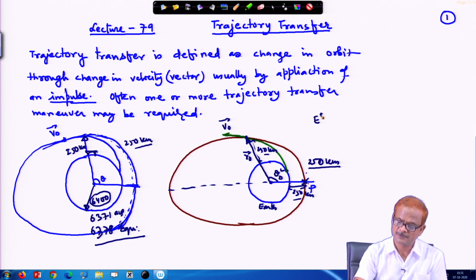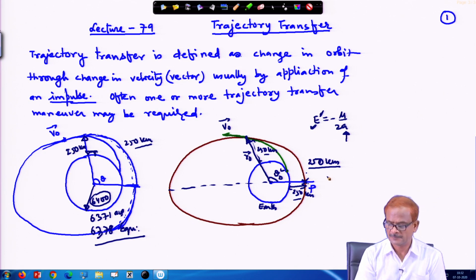E prime we have written as mu by 2a, the total energy per unit mass. As E decays, a becomes smaller and smaller, so that it becomes more and more negative.